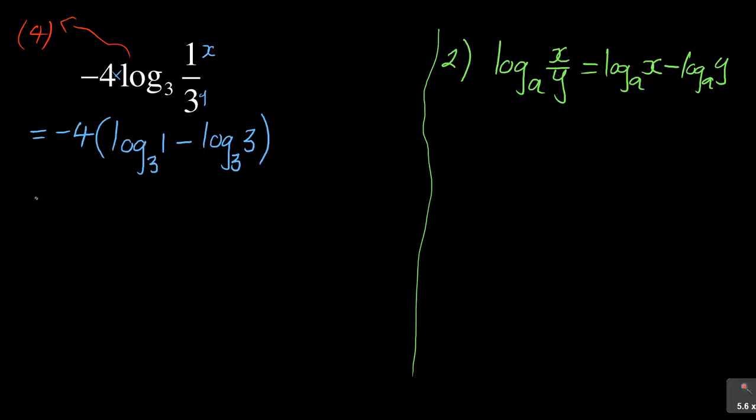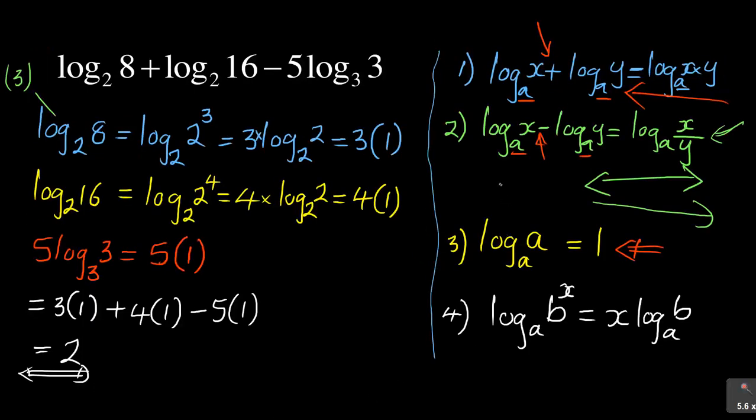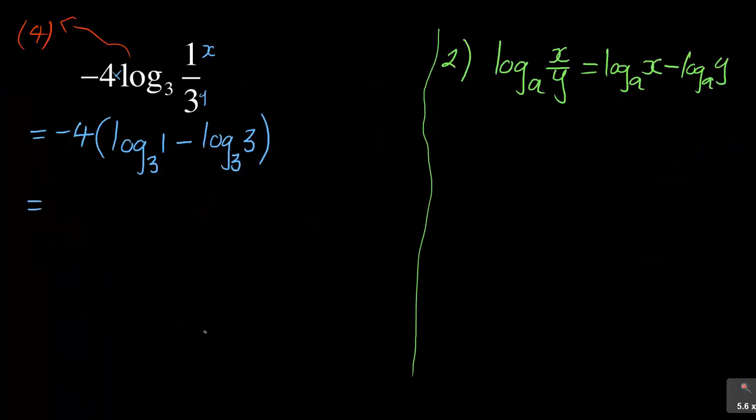Now, when I've done that, I'll consider it as law number 5 or rule number 5 here, because I didn't have it. Rule number 5 says if you are given log in base a of 1, it is equal to 0. Meaning any log of 1 is a 0.